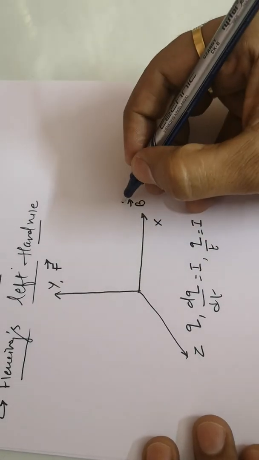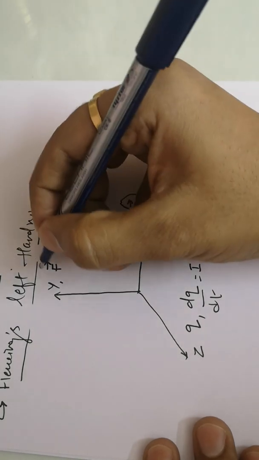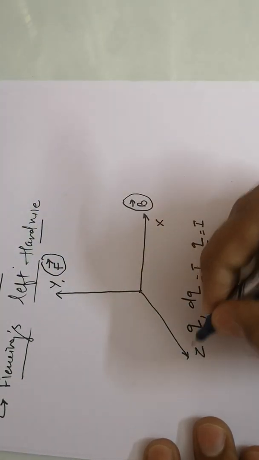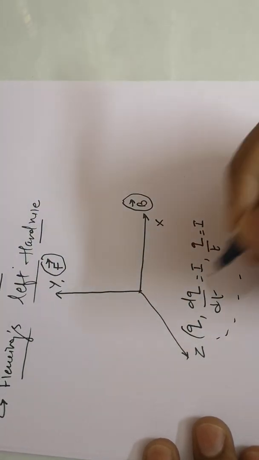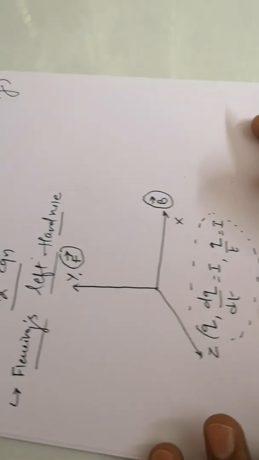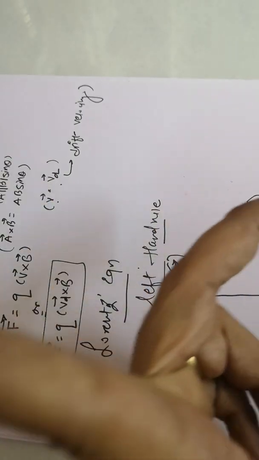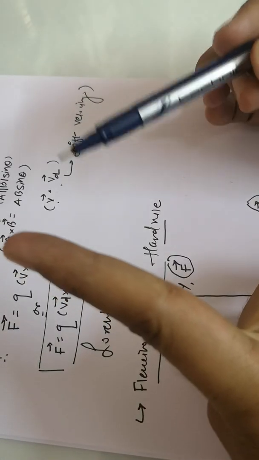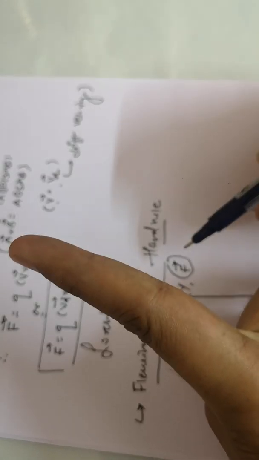So in the Lorentz force we have placed values of theta. First of all we are finding these values. I can see that it is our thumb rule. Our first finger, the index finger, indicates our force.